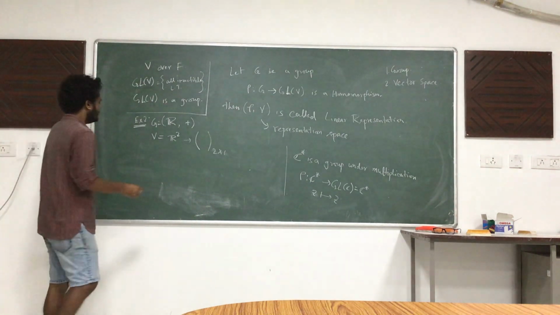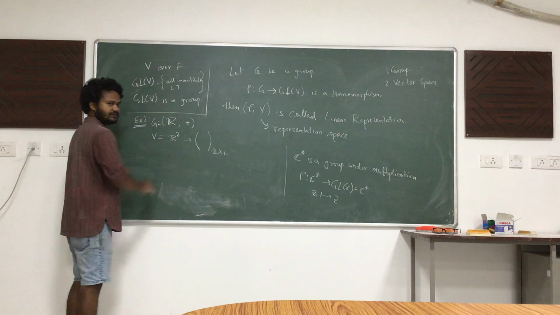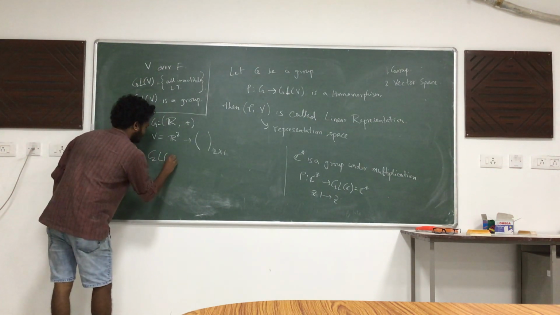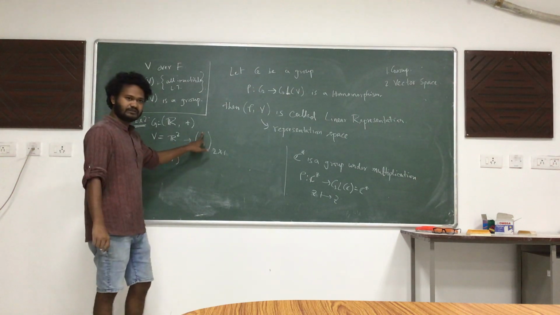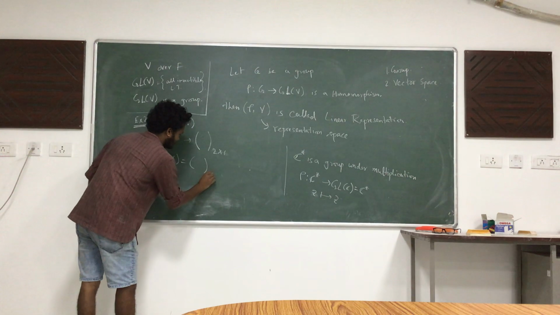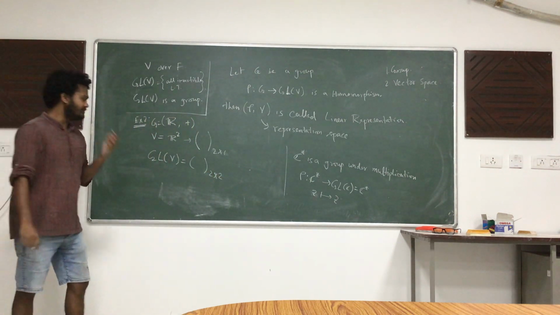Now, what are the GLV for this? Let's say in the matrix form. What will be the GLV? Since we have already chosen a basis, the GLV are basically all the 2 cross 2 invertible matrices.